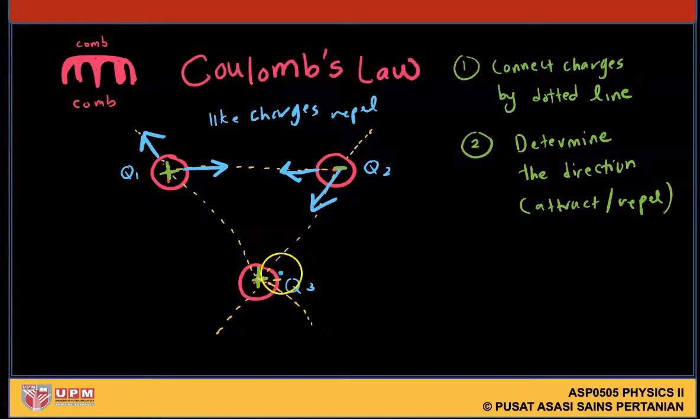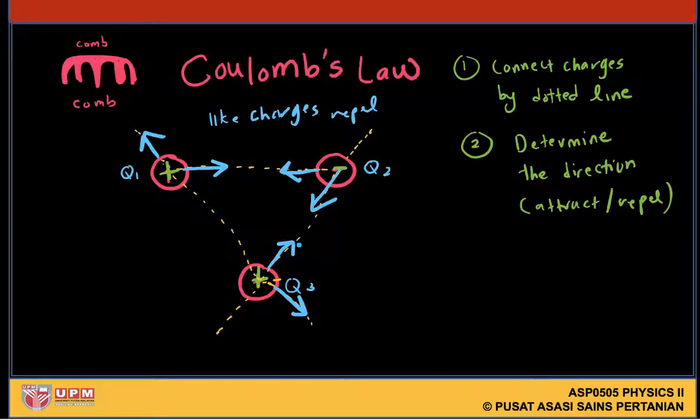And then what about Q3? Q3 has feelings too. Q3 looks at Q1, we have the same charge, not really my type, so it goes the other way. And then Q3 looks at Q2, we have different charges, so I'm kind of digging this Q2.